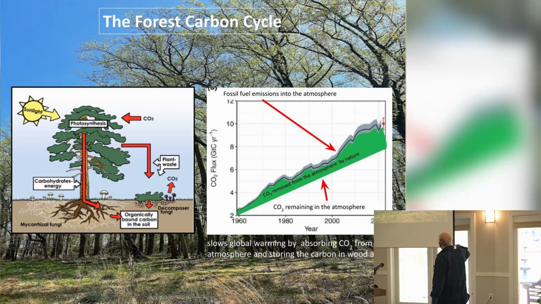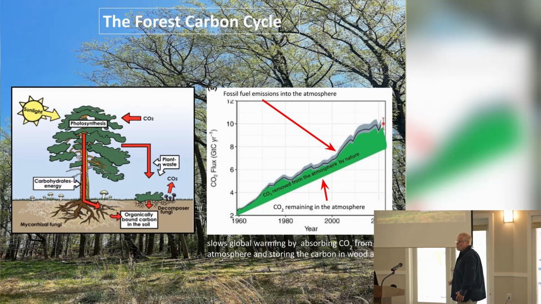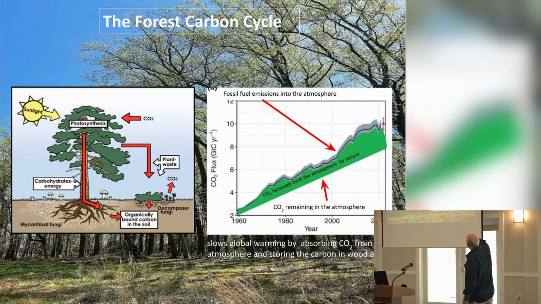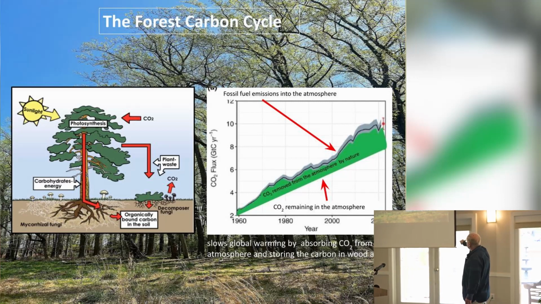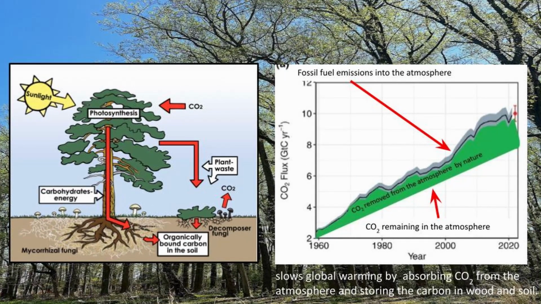Now, this is a graph of the amount of carbon dioxide that goes into the atmosphere every year. And this black line is what we emit with fossil fuels. That's been going up from the 1960s. We emitted maybe something like 2.5 gigatons of carbon, and now we're producing about 10 gigatons of carbon.